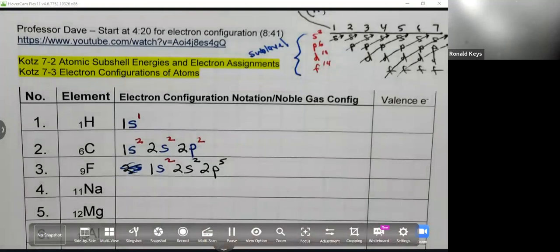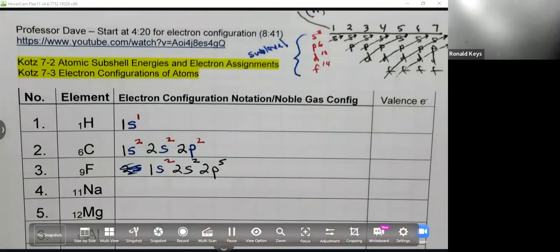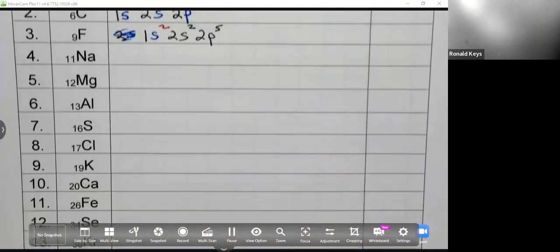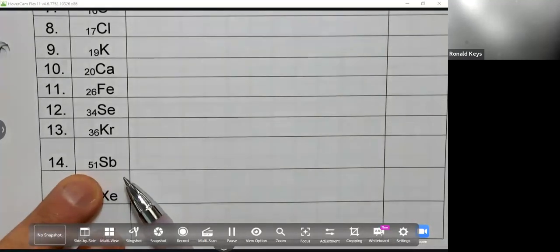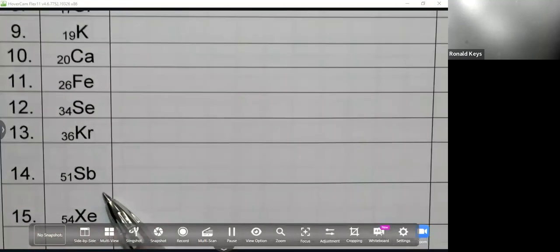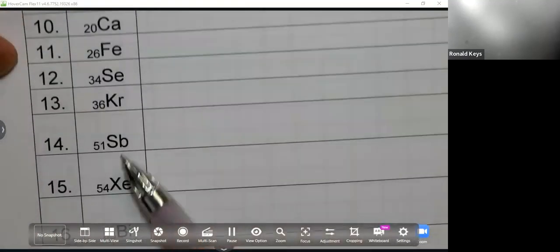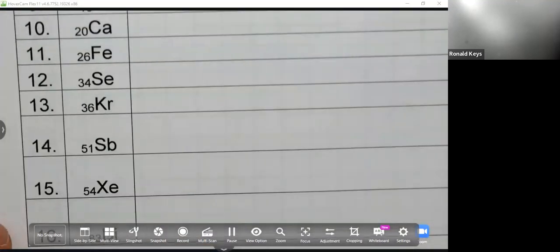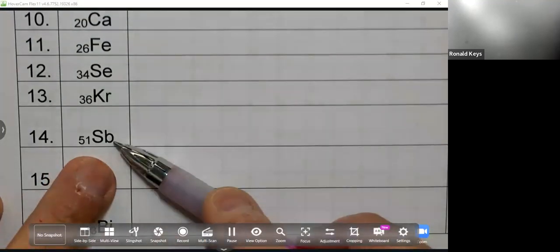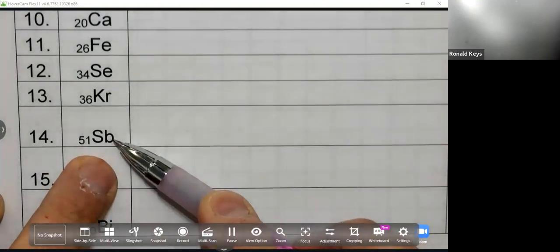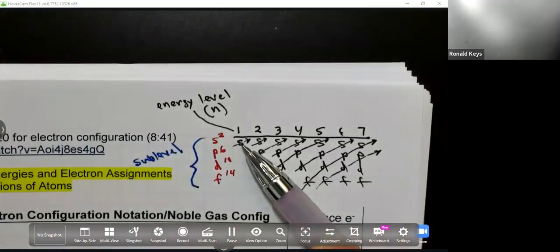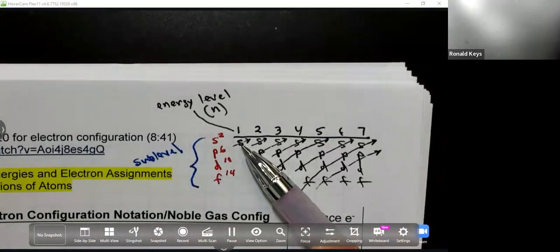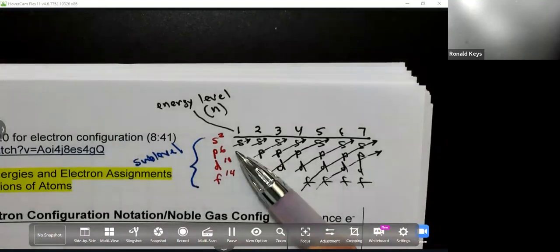All right. Let's saddle up a bigger horse. Let's go down to 14. Wow, we're saddling up a bigger horse. The Clydesdale's not here. We'll just do this horse first before we saddle up the Clydesdale. We're going to follow our arrows. 1s2 is going to be the first 2 electrons, right? 1s2 is this arrow right here.